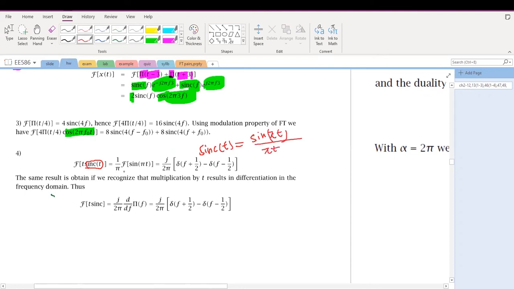So you plug it in, take the Fourier transform of this, that equals the Fourier transform of 1 over pi times the Fourier transform of sine pi t. And this is a typical Fourier transform pair using the sine function. You plug it in, the frequency is half, so delta(f plus half) and delta(f minus half), and there's a j there in the formula.